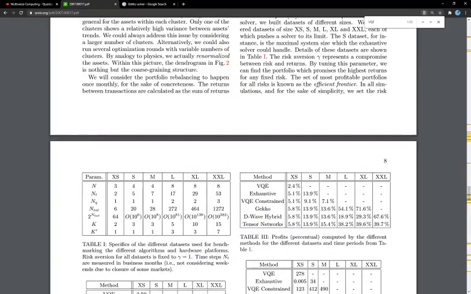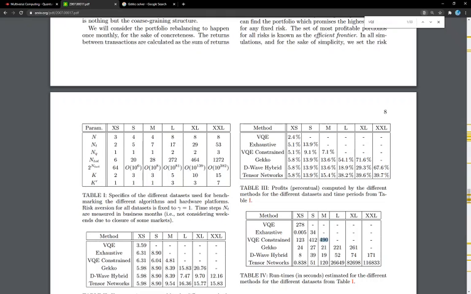How does this perform? It is able to do up to the S size, which is not a lot. Oh, M size, sorry. That's not bad. Okay, still something. VQE constrained.